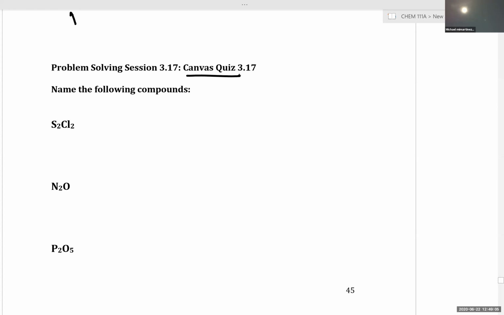So you only put the prefix on the first element if there's more than one. For the second element, you always include a prefix. Did that answer your question? Yep. And we'll discuss in about another minute.